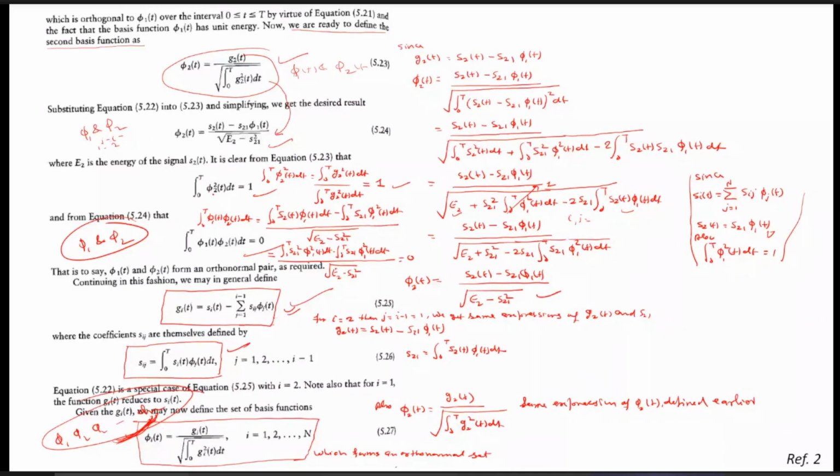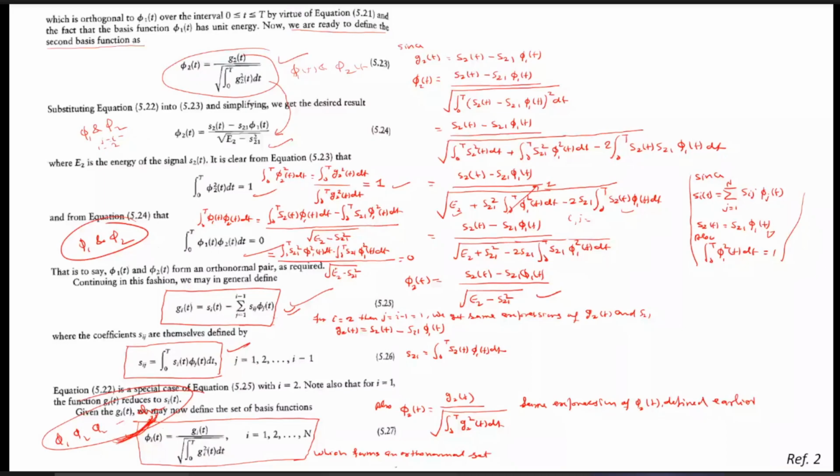Once they are orthogonal to each other, the integration of phi 1 phi 2 comes out to be 0, which we already proved, and each carries unit energy. So these two relations are satisfied. Similarly, we generalized these procedures, which is called the Gram-Schmidt orthogonalization procedure, and following this we can define phi.